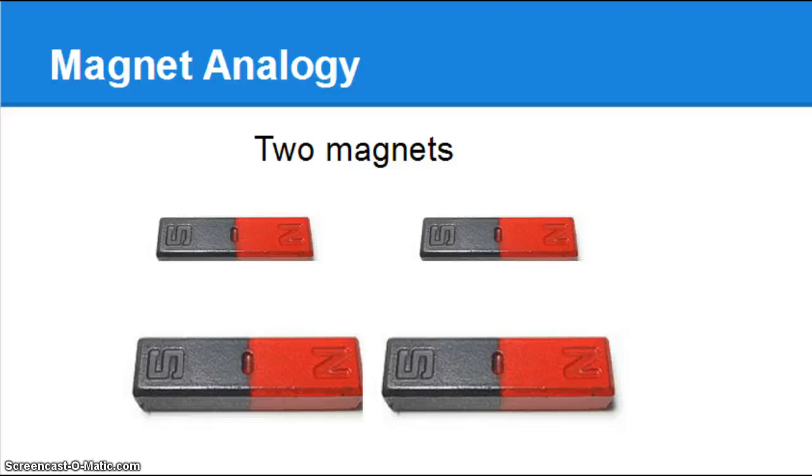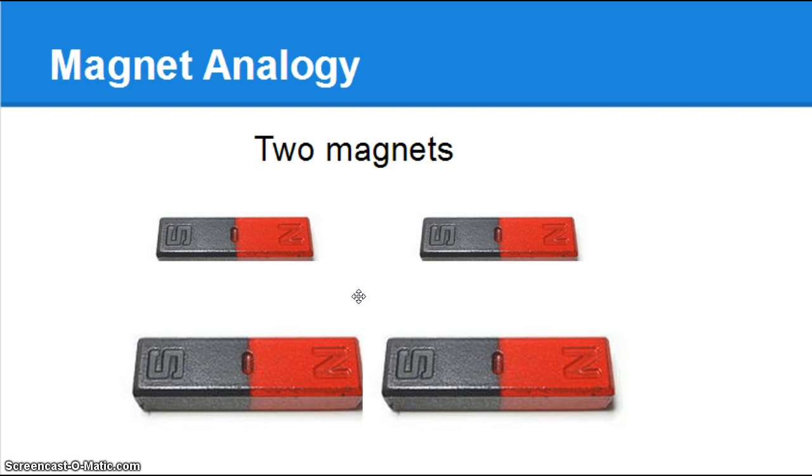It's going to be based on a couple things. One, how strong the individual magnets are. That would be related to the Q values we were talking about. So the stronger the magnets, the stronger the attraction. It is also going to be based on how far apart the magnets are from each other. Are they close or are they far apart?